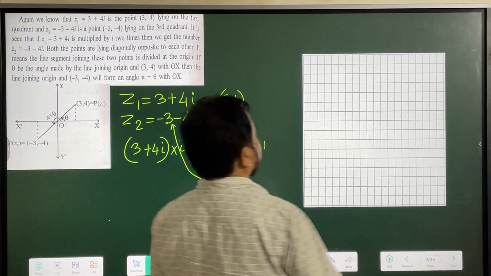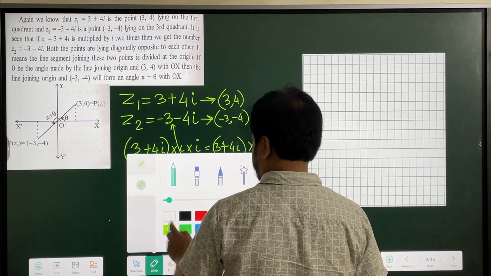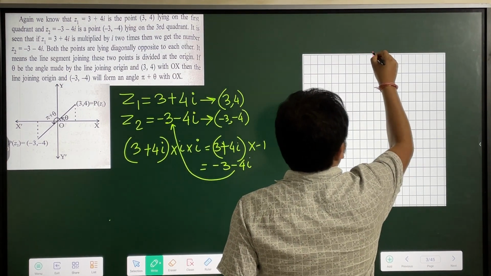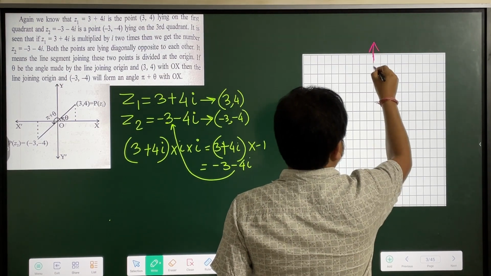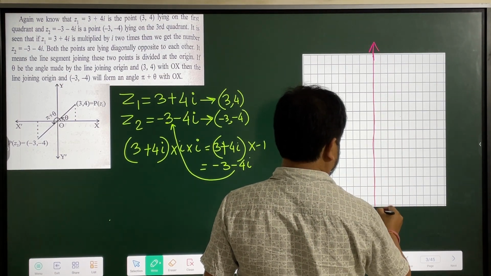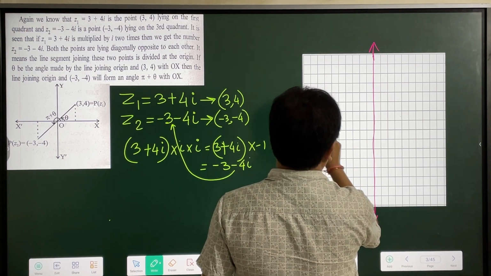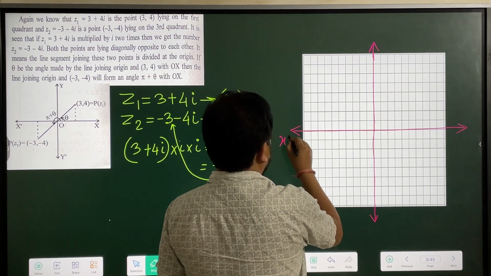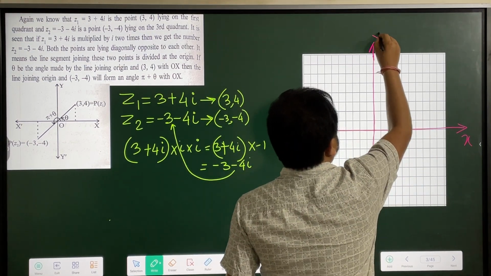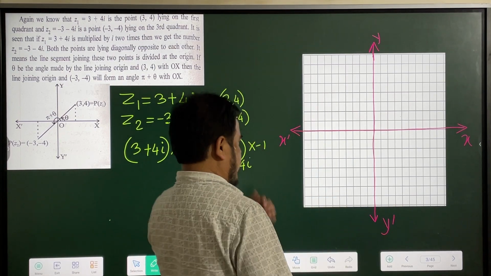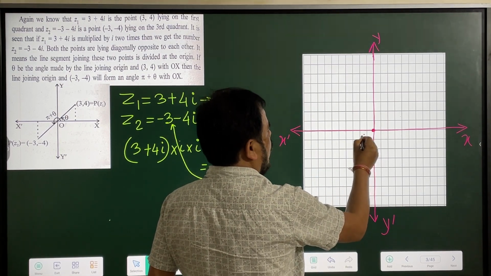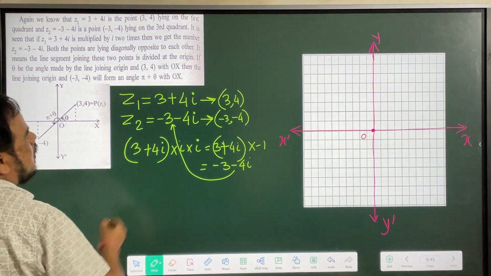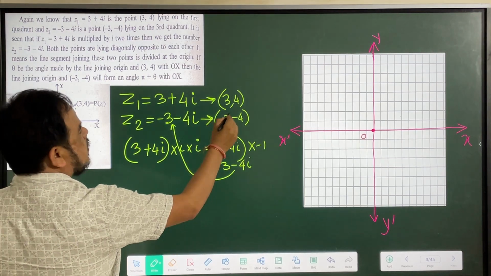Let us see now. X dash, X, Y, Y dash. This is origin O. Now we have to plot 3 comma 4 and minus 3 comma minus 4.